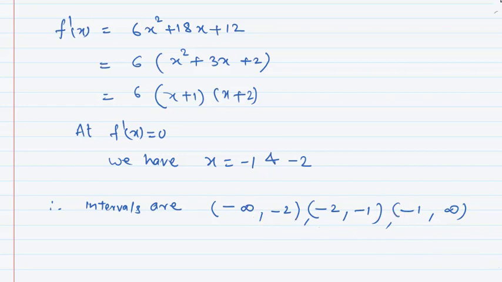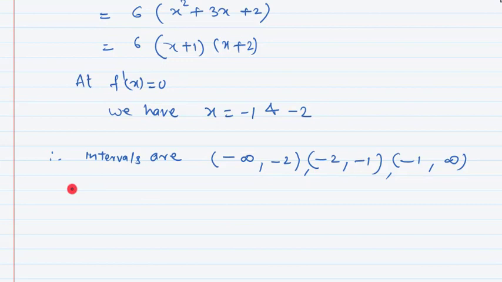Now let us come to step number 4, in which we need to find out f dash x on any value in between the interval. So f dash x in the interval minus infinity to minus 2. Let us take the value minus 3 over here.